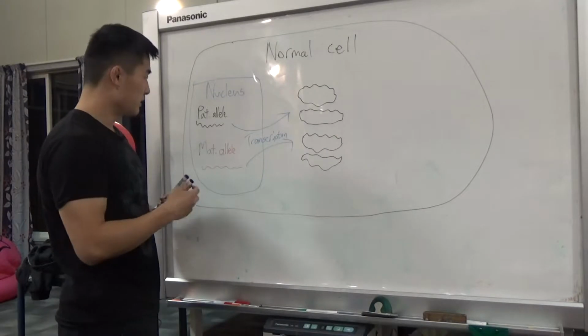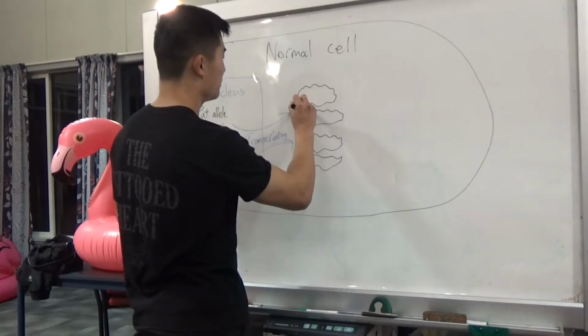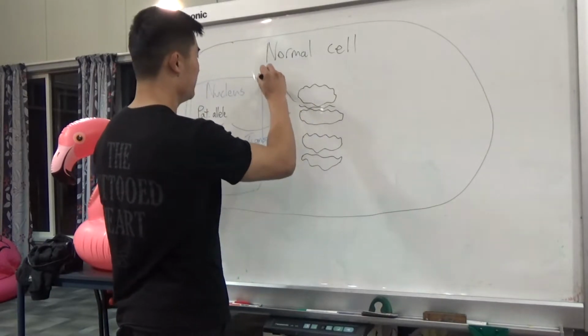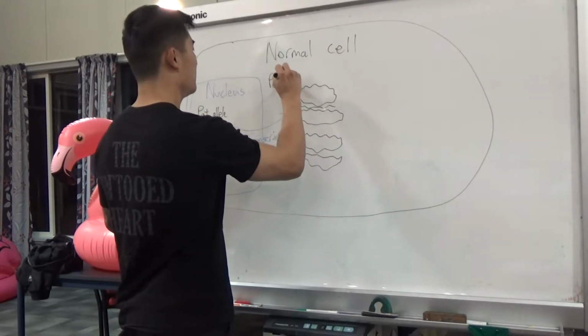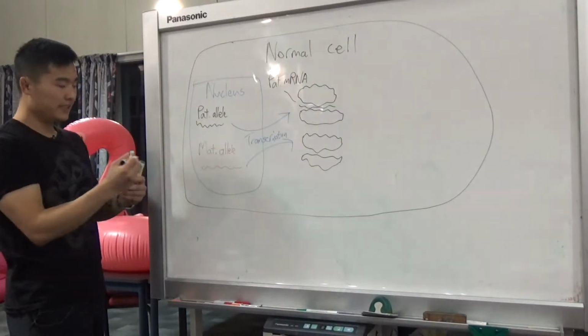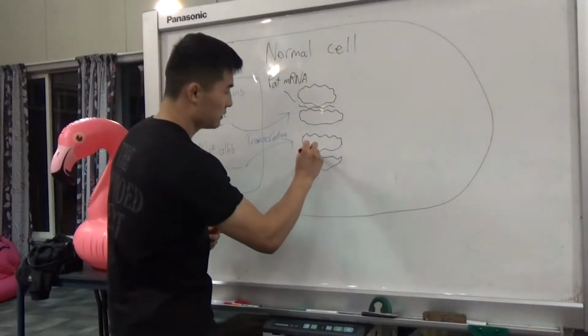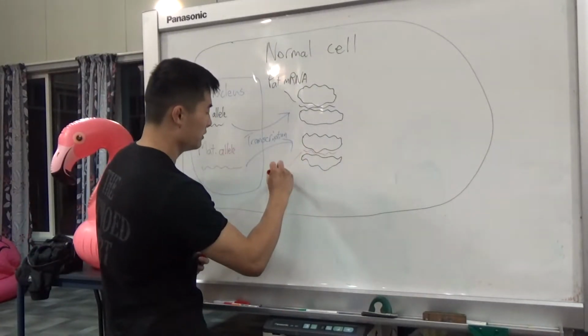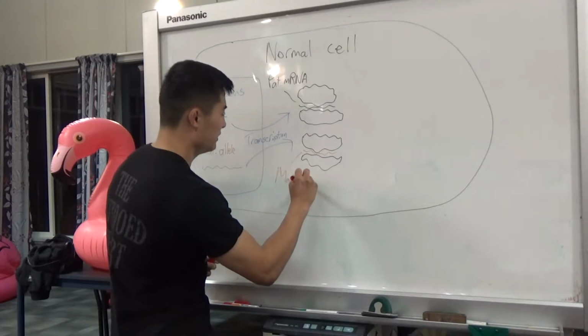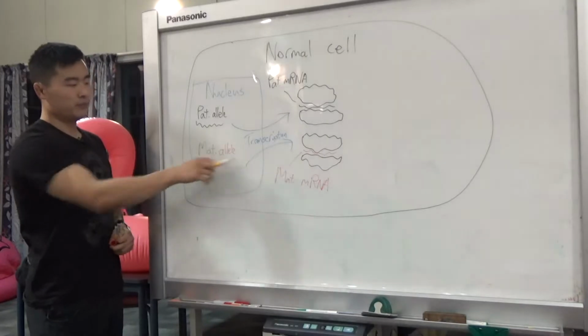So this here is your paternal mRNA, which has come from the paternal allele. And this is your maternal mRNA, which has come from the maternal allele.